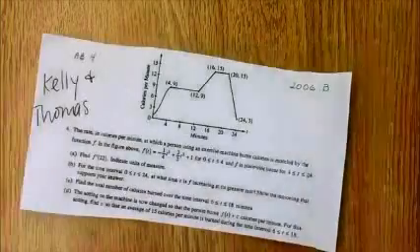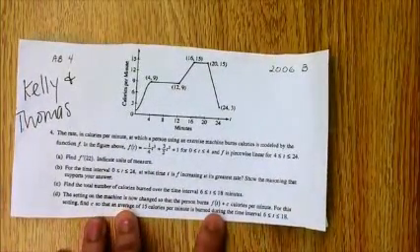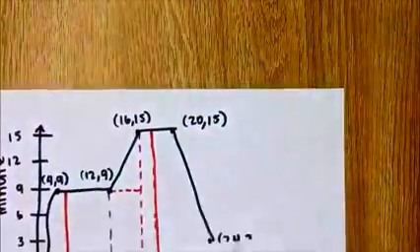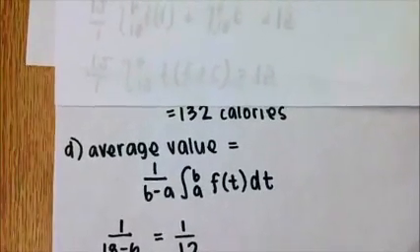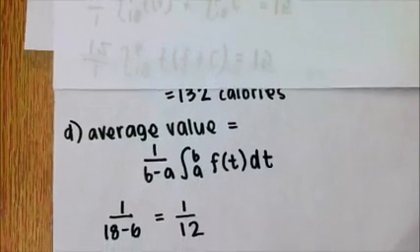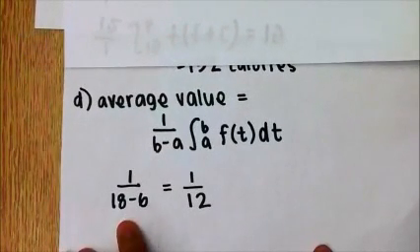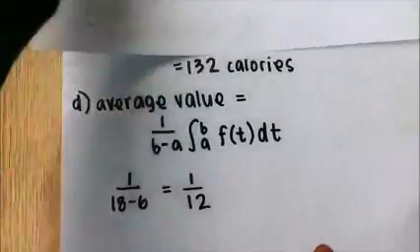So basically what they're saying is that the average value of the function f of t plus c equals 15. So we know that the average value equals 1 over b minus a of the integral of a to b of f of t dt. So we found 1 over b minus a, 18 minus 6, equals 1 over 12.